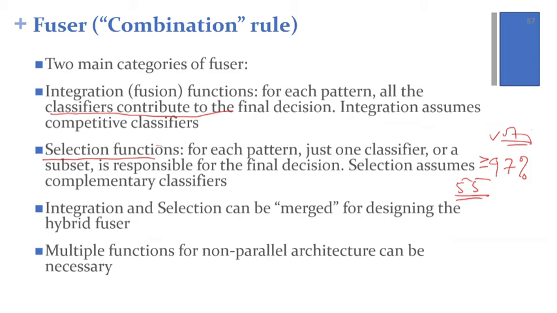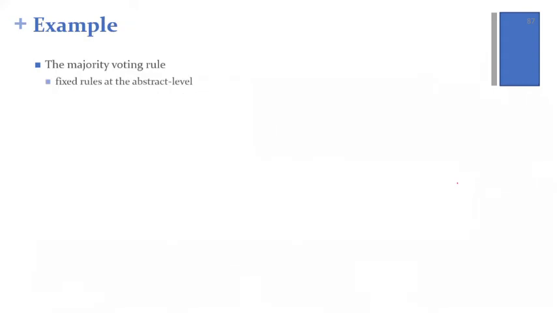And sometimes, like I described earlier, with the parallel architecture, the non-parallel architectures and the like, there are a lot of possibilities that could be explored. Now, for example, for the majority voting rule, we have the fixed rule at the abstract level, because the classifier is going to just output for us, this is my class. And then we take the output of each of them, and then we can vote based on that.